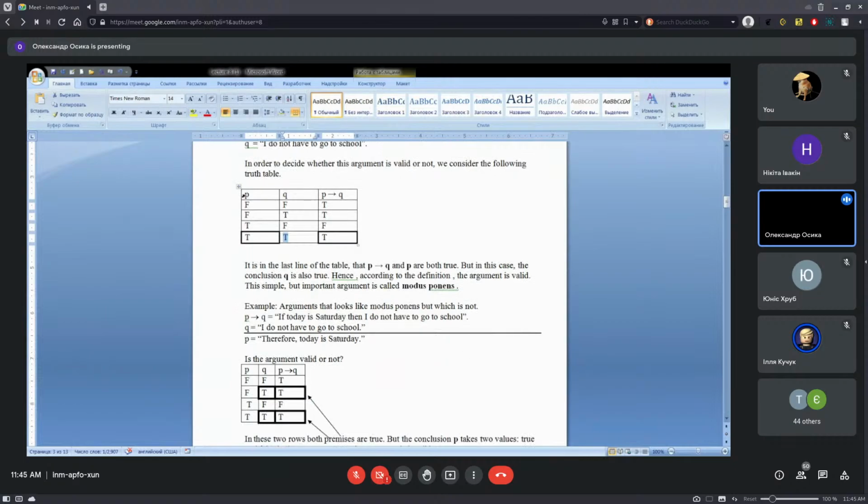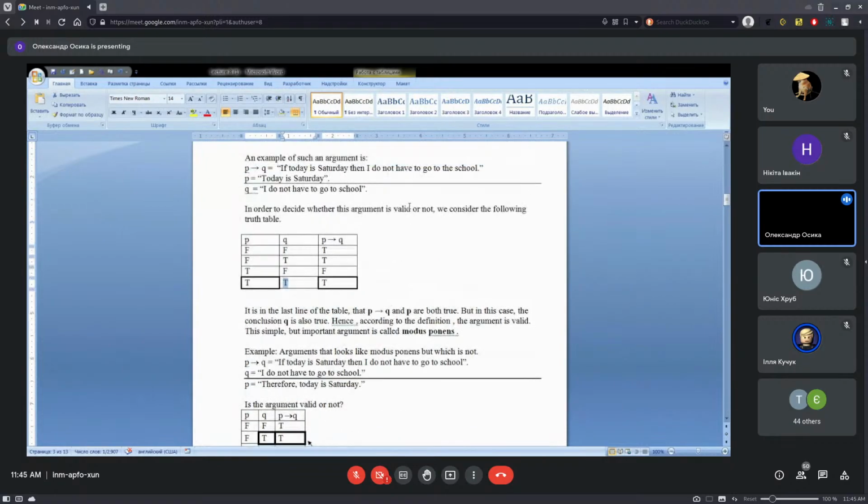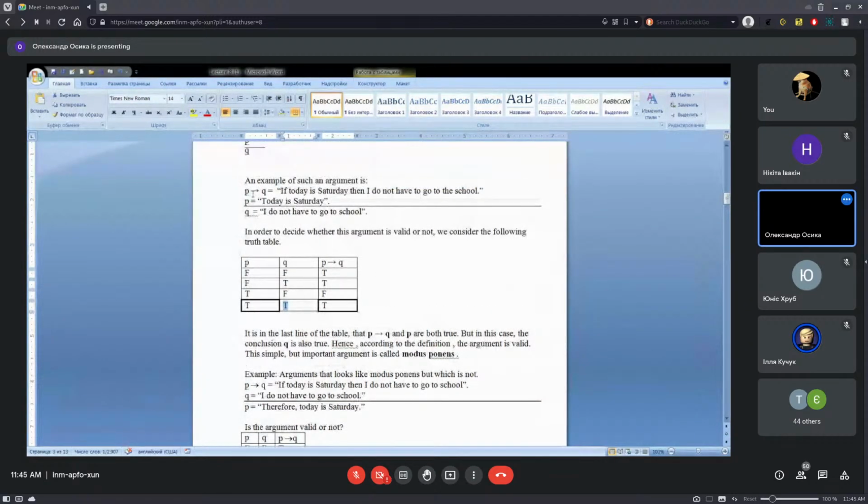So actually, this is a scheme, a pattern of constructing valid arguments. If such a statement, the whole statement, is true, and after that the premise of this statement is also true, then we can conclude that Q is also true.